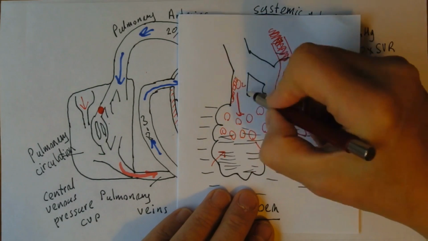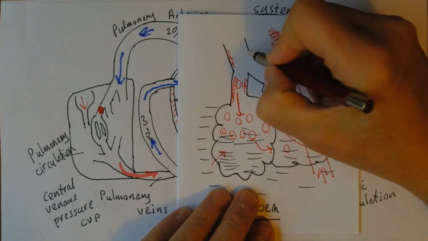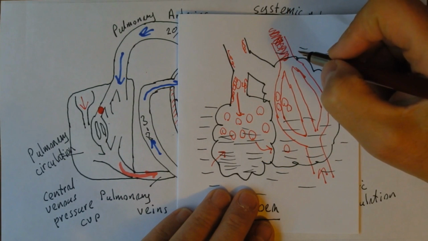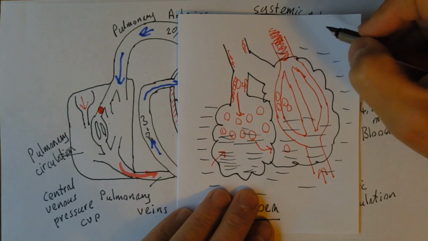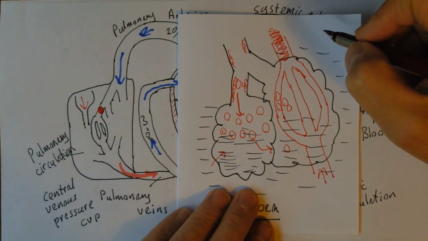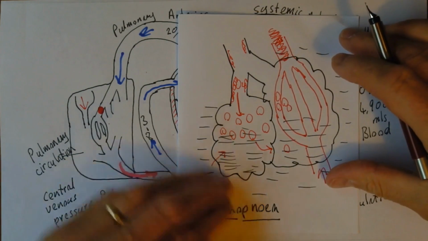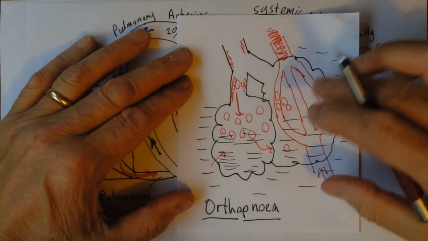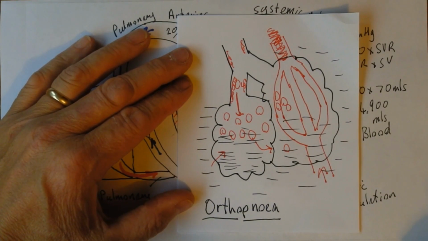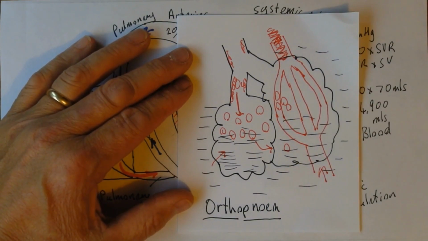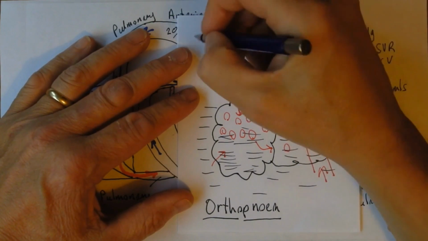And this blood's going to be mixed with the mucus. It'll eventually go up and it will be coughed up as pink frothy sputum. So pink frothy sputum in combination with orthopnea. Now if you see the pink frothy sputum, that's a severe clinical feature. That's a bit of an emergency. You can get it in high altitude pulmonary edema as well.